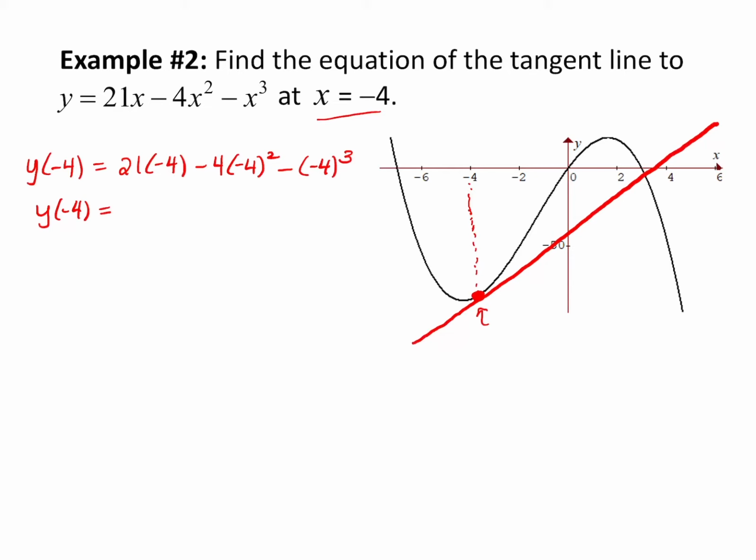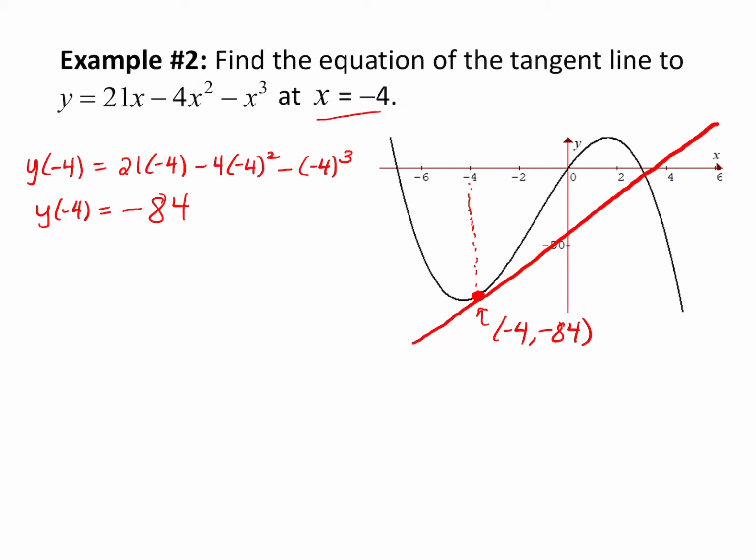So we end up with -84. So that means this is the point -4, -84. Okay, so now we have the point on the curve. Next we want to find the equation of the tangent line, the y equals mx plus b.